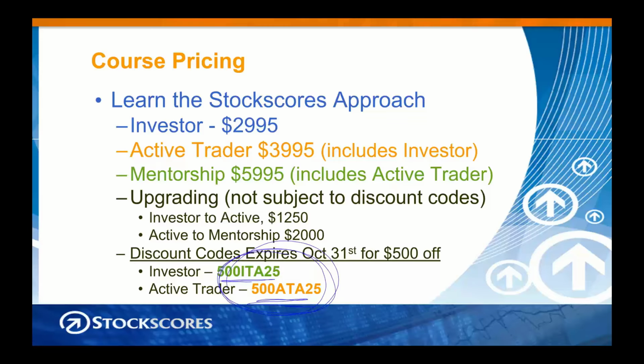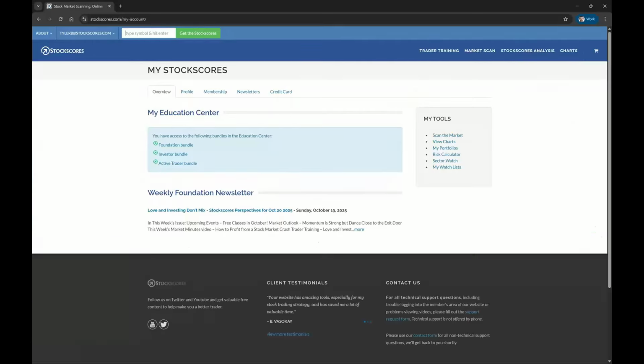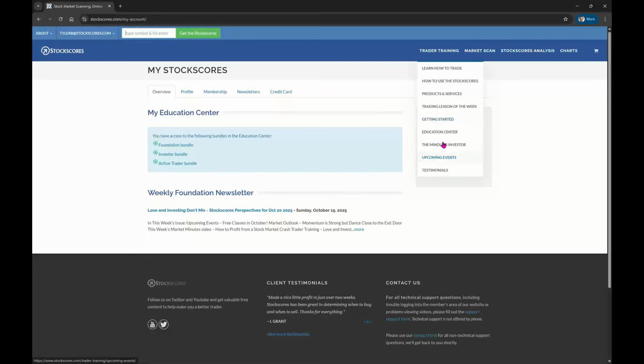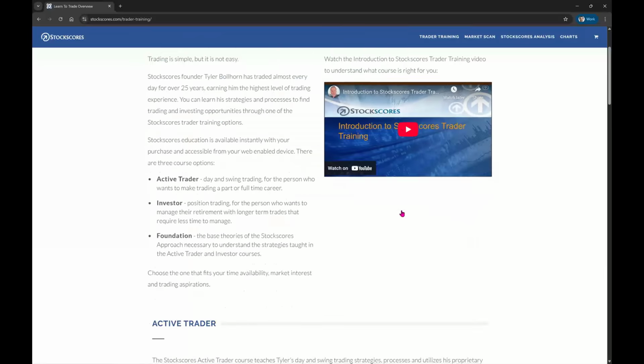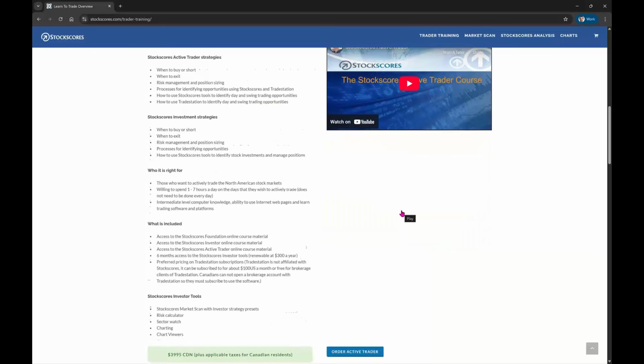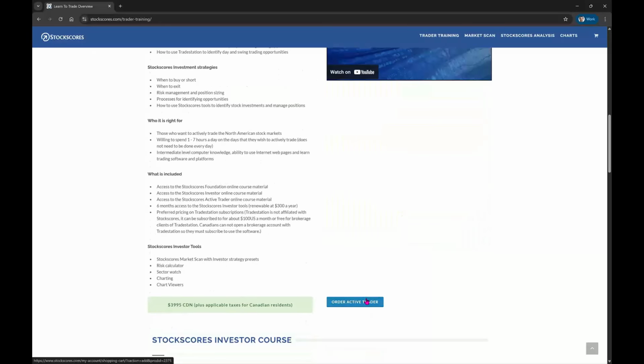Now, I've had a few people asking me about the mentorship. So let me explain how you register for that, because again, there's not many spots left. You first have to purchase the active trader course. So you go to Learn How to Trade, scroll down the page, and click Order Active Trader. You go through the process and buy the course. Once we activate your account, there's a little bit of a delay, but you'll get an email when your account is activated. At that time, log out of the website, log back in.